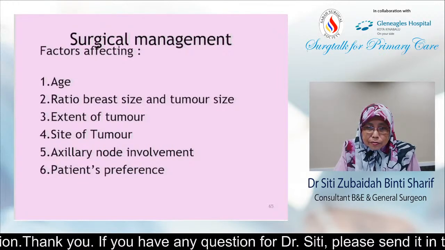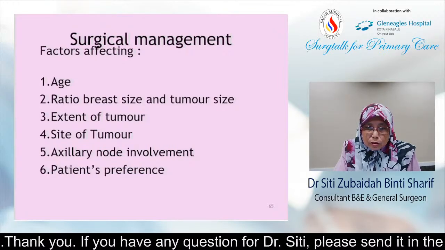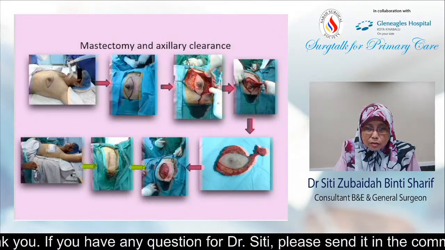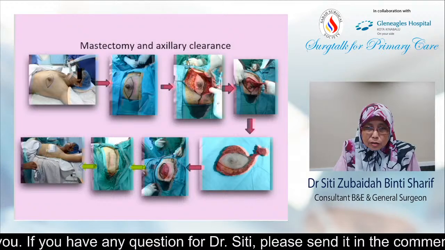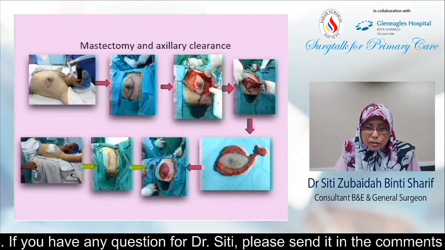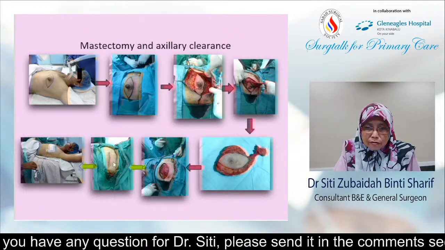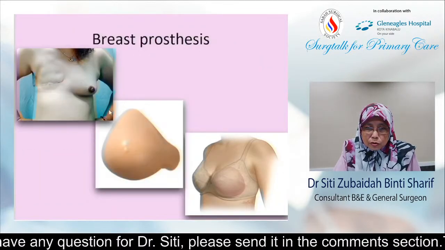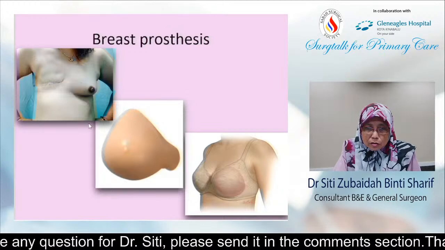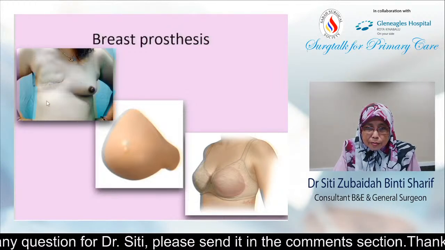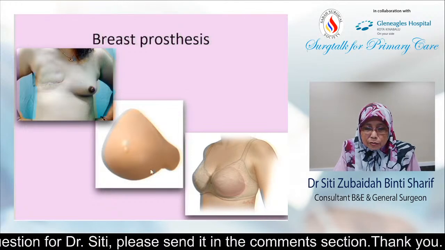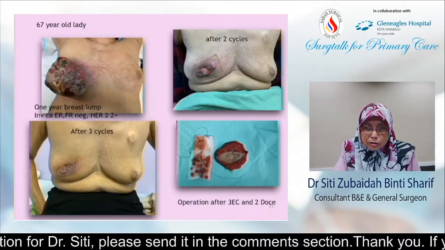So this is how we do mastectomy. Actually, at the end of the operation, there will be just a scar and a flat chest. So for some women, they can use a breast prosthesis to get a symmetry of the breast.